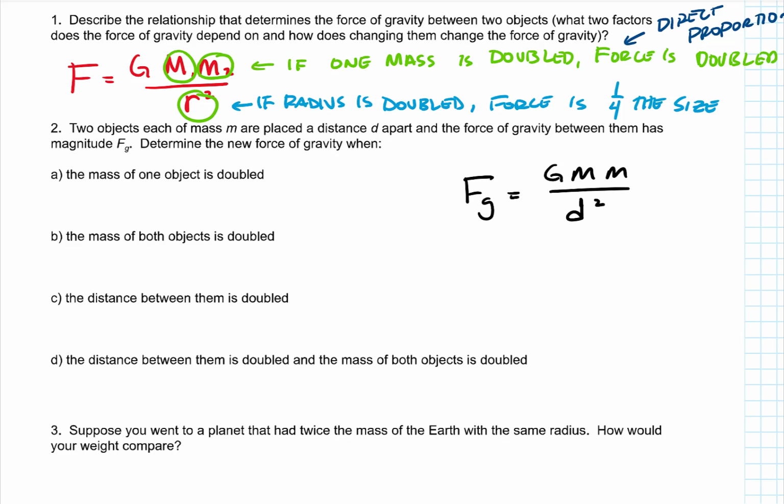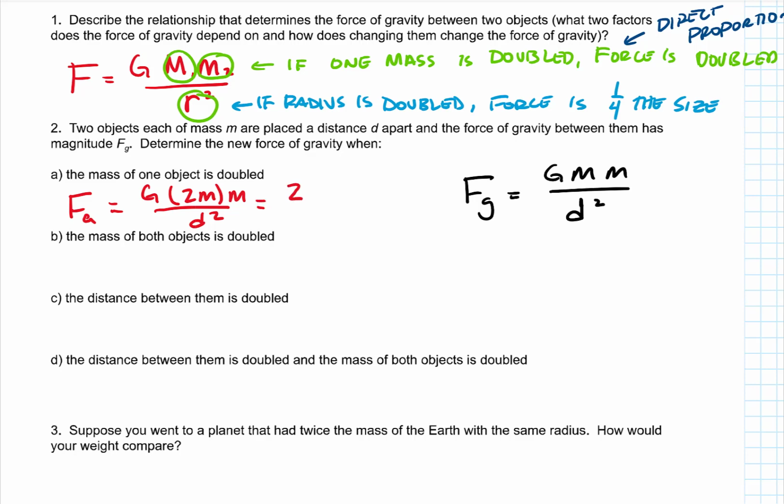So if the mass of one object is doubled, the force for part A is going to be G times 2m times m over d squared. Instead of writing m down, we're going to write down 2m because it's doubled.